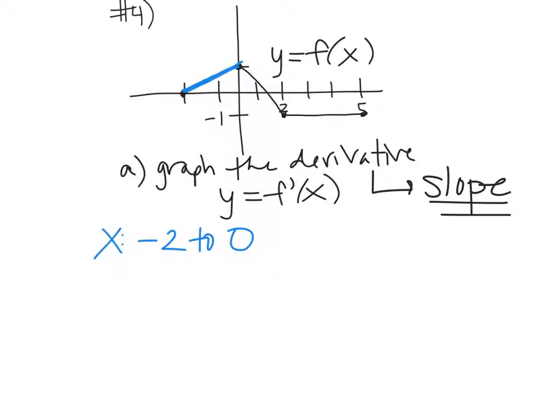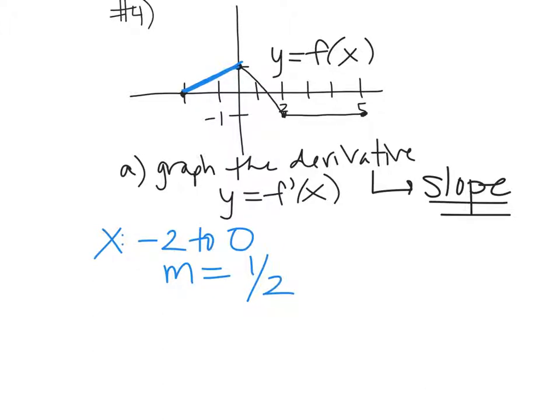What is the slope of that part? You would rise 1 and run 2. 1/2. Perfect. That is the derivative of the function from -2 to 0.